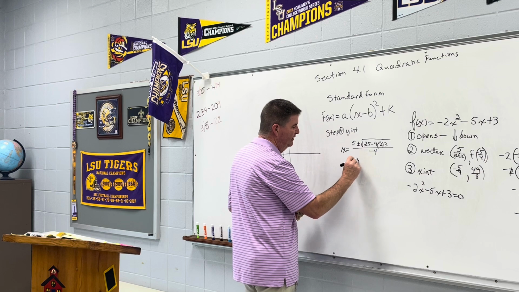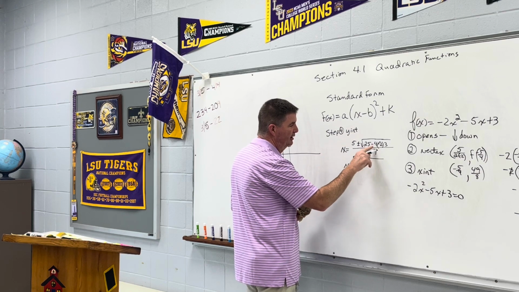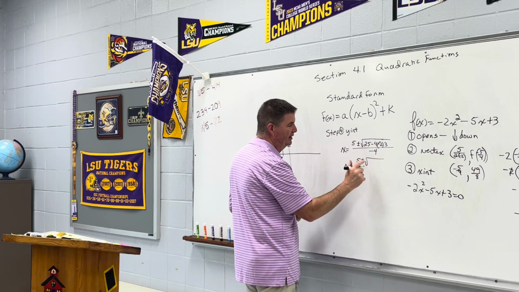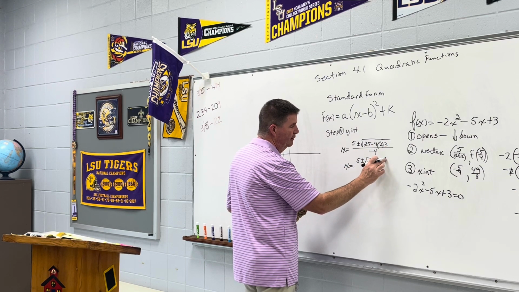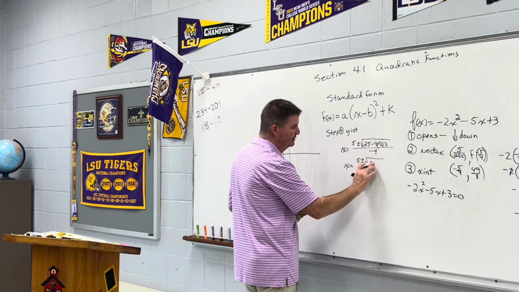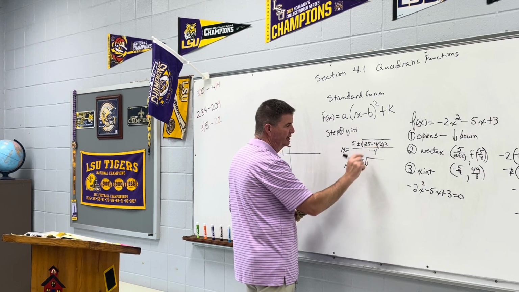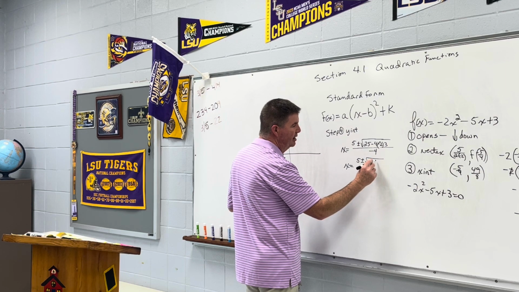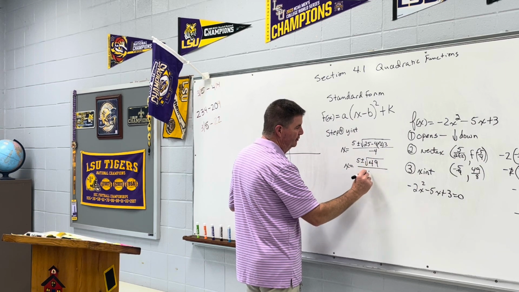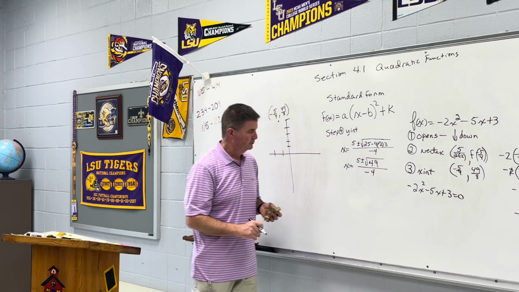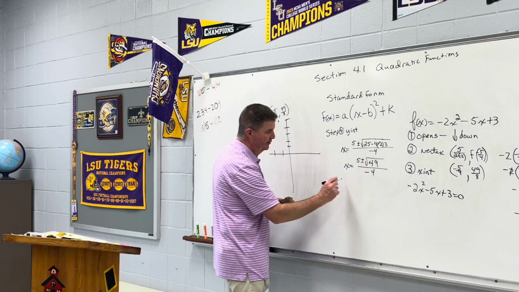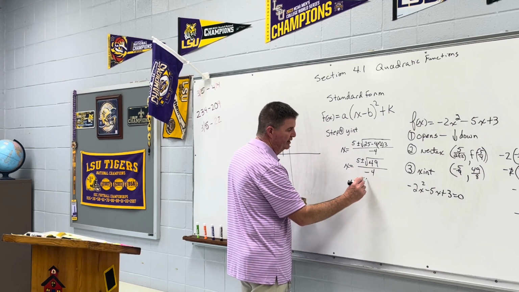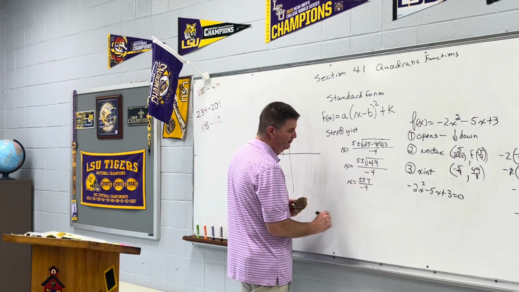X is going to be 5 plus or minus the square root of 2 times 4 is 8, 8 times 3 is 24, so 25 minus 24 is 1. Oh, we're not subtracting, we're adding them because there's two negatives. 25 and 24 is 49 over negative 4. So x equals 5 plus or minus the square root of 49, which is 7, over negative 4.